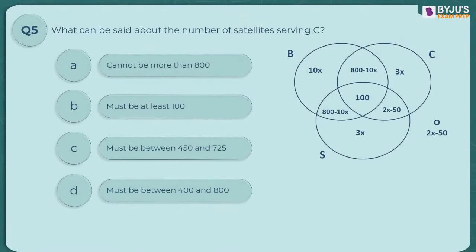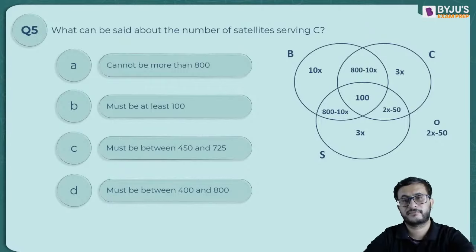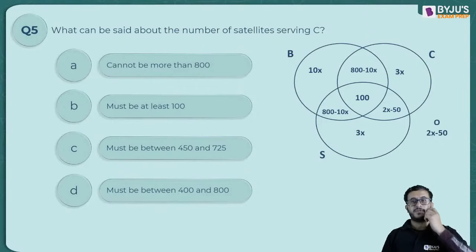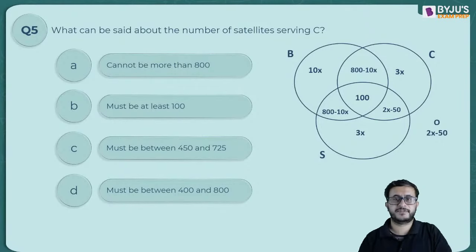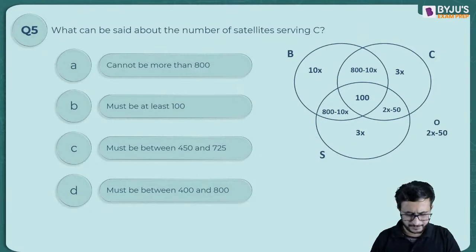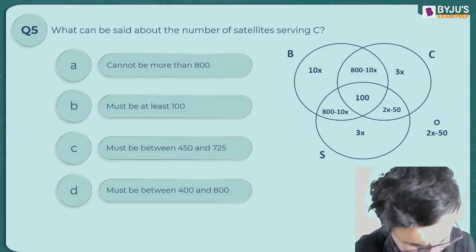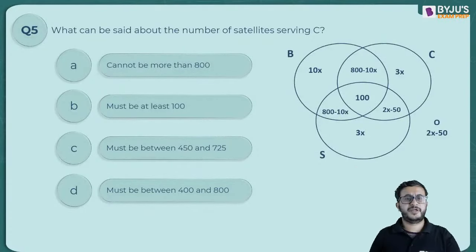Okay, so here's the first question: what can be said about the number of satellites serving C? How many satellites serve the purpose C, whatever that's communication? So it has to be a range.